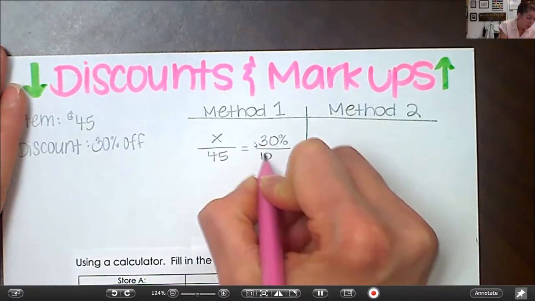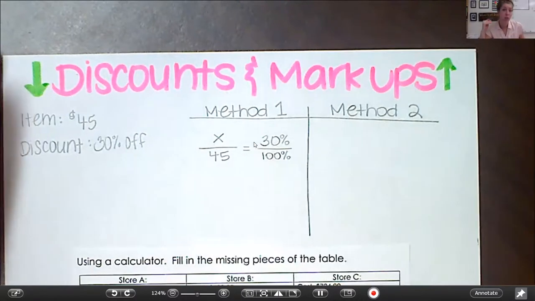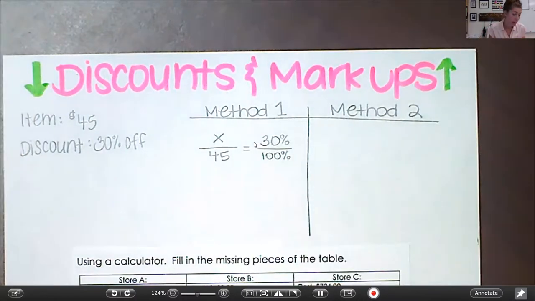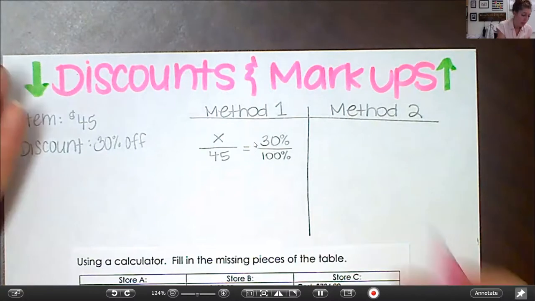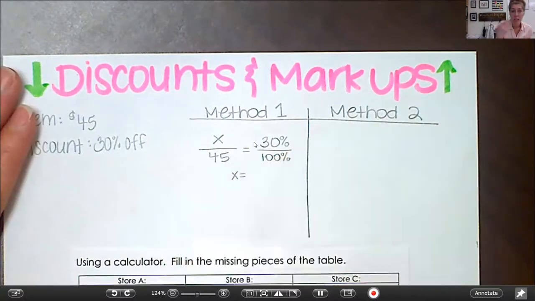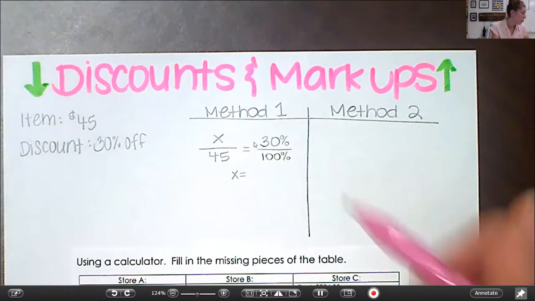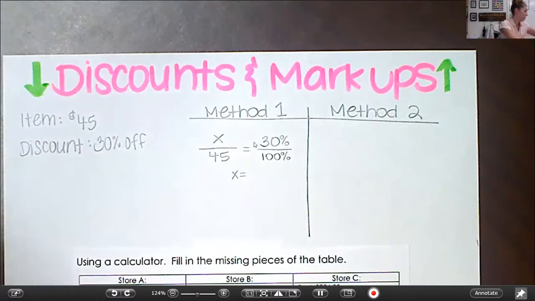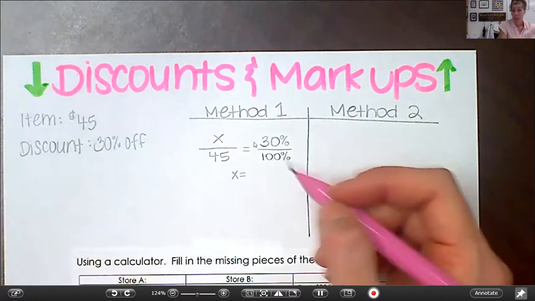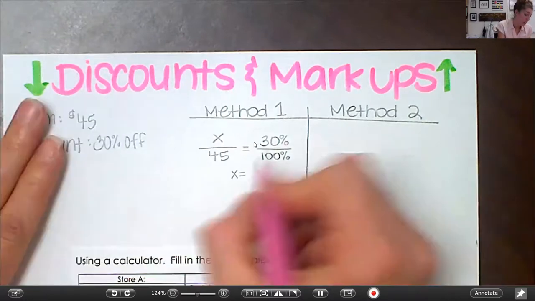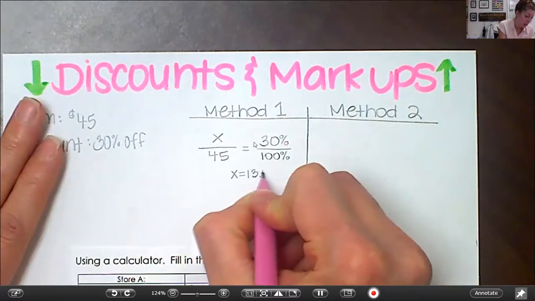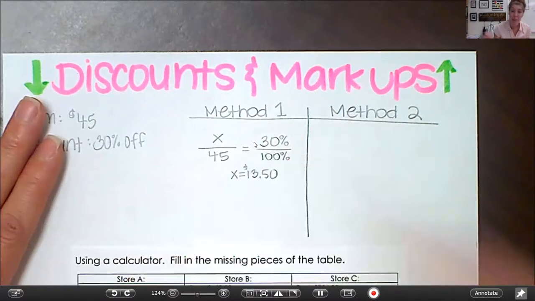And you can hopefully hear that is over of proportion when I thought about that out loud. If I find 30% of 45, that would give me 13.5, or I'm going to make it 13.50 because this is money.